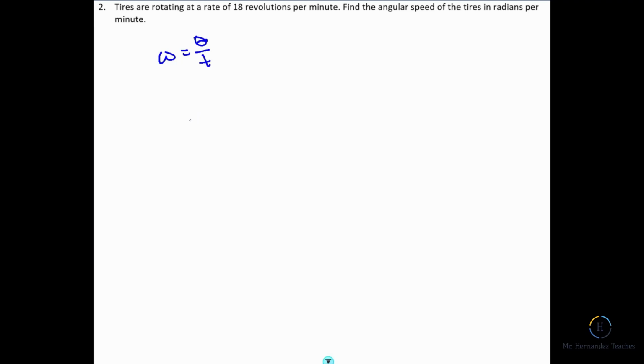We want to find this in radians per minute, so omega is going to be, our theta is, you want to think about how many revolutions are in a circle, so that's 2 pi radians. So we have 18 times 2 pi radians over 1 minute, because this is being measured in 1 minute. And from there, 18 times 2 is going to get us 36 pi, keeping this in terms of pi.